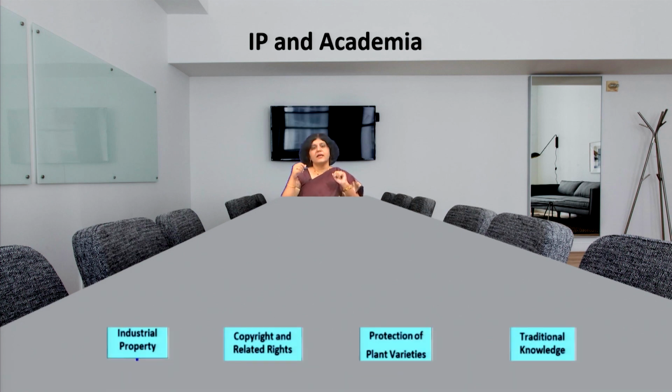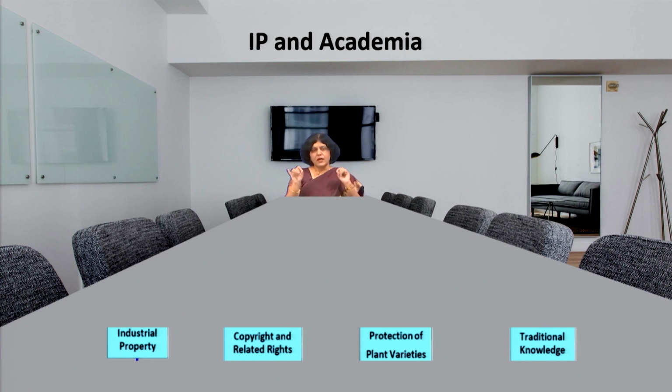Now the next is traditional knowledge. When we are talking about traditional knowledge, there are different opinions on whether it will be considered IP or not. But that is one thing we are not considering here as IP.